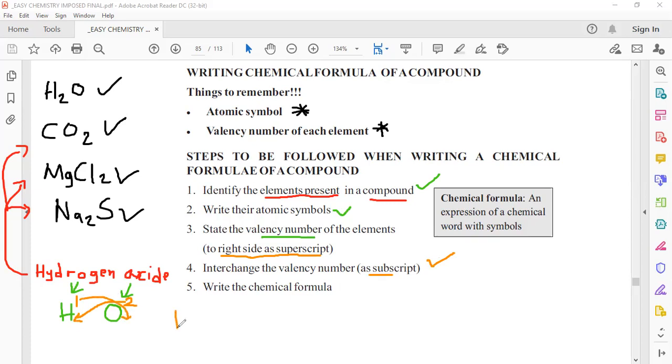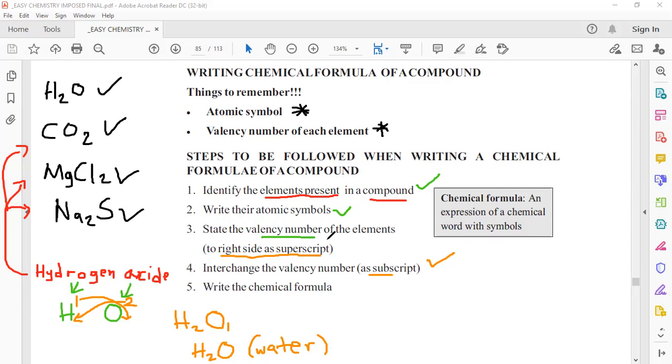So this becomes H2O1, where we know that O1 is the same as O. So this becomes H2O, which is the famous water. So hydrogen oxide is the famous water. This is how we translate these rules into helping us to write the chemical formula.